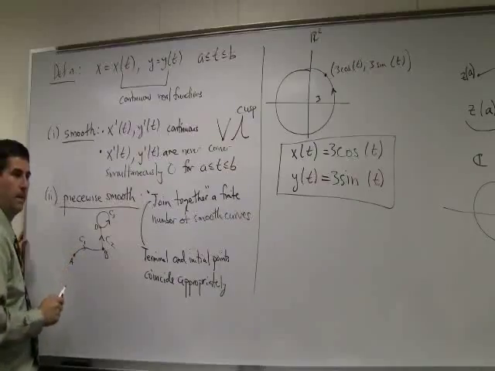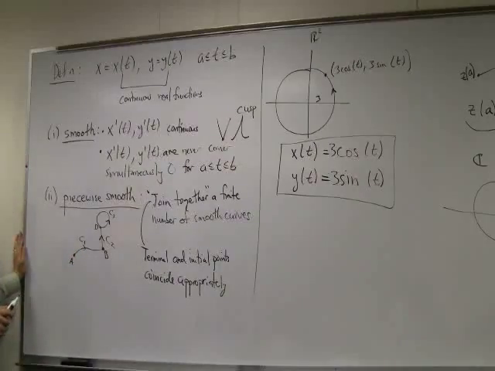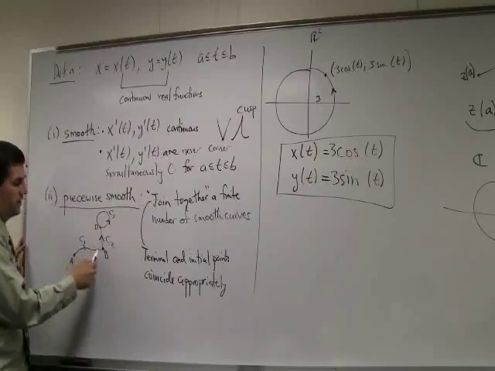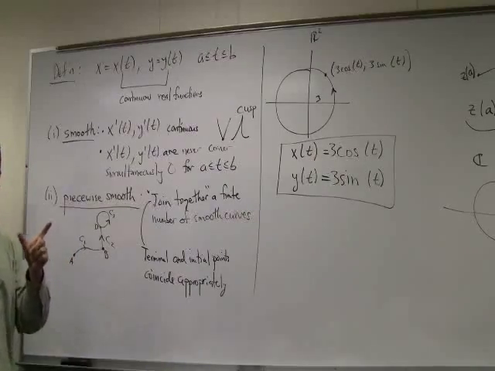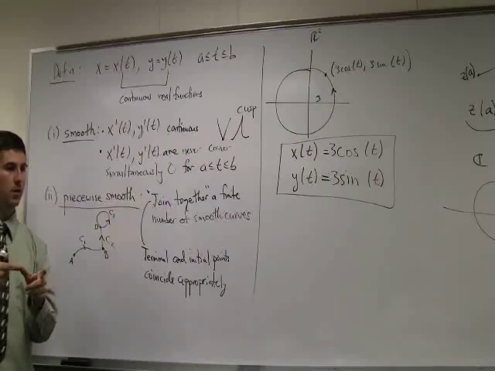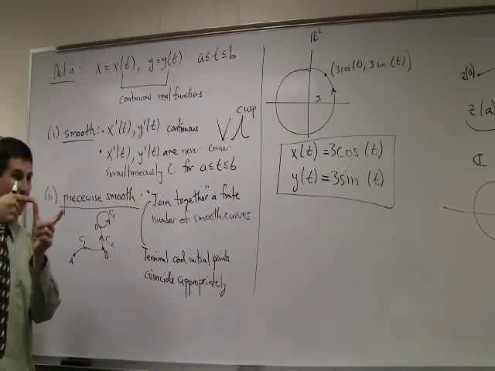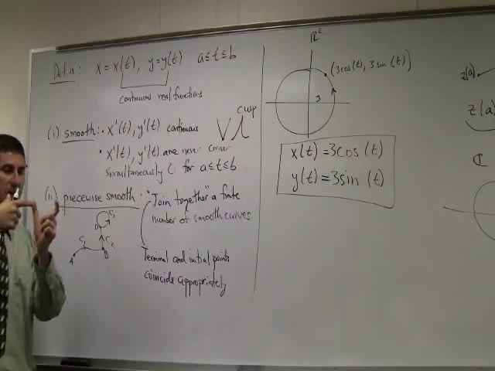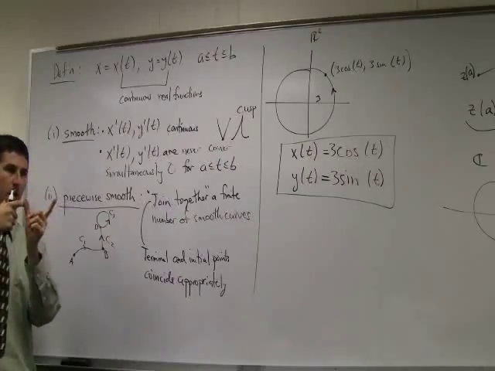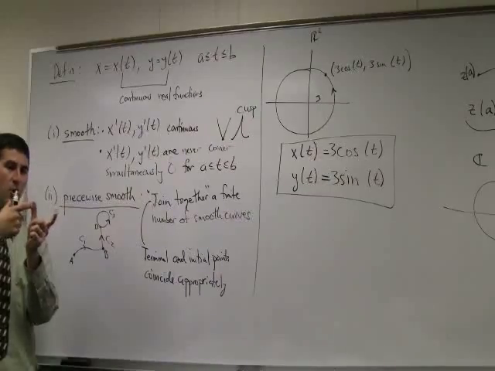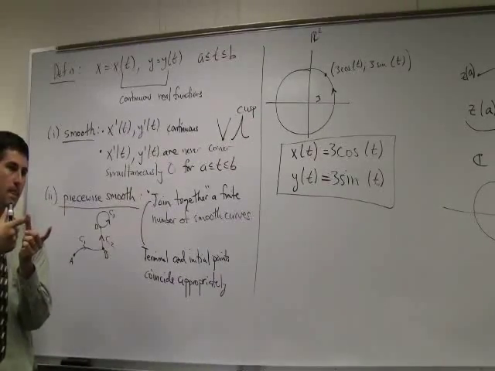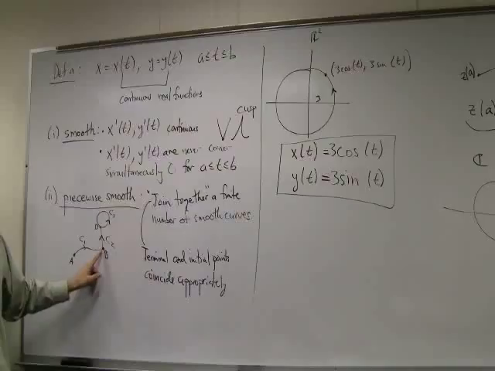You can join together two different functions that are smooth at the joining point. All this is saying is that you might have things which together are not smooth, at that joining point. But individually, if you forgot about that joining point, they are smooth. So then you call it piecewise smooth. But they don't have to be smooth at the joining point.